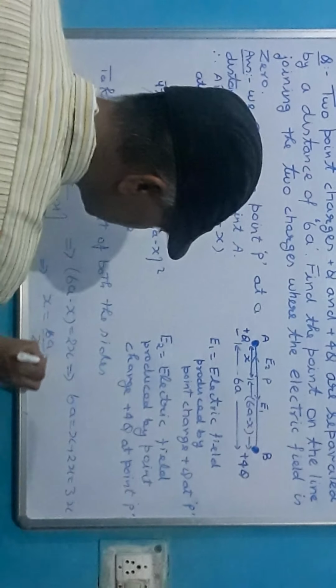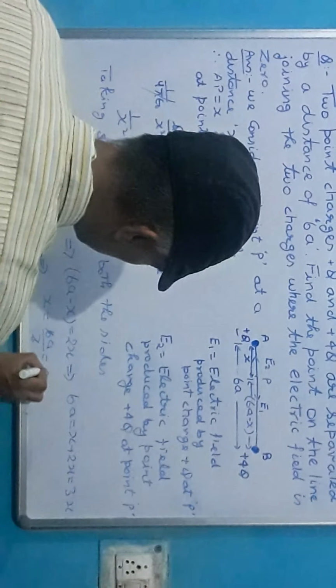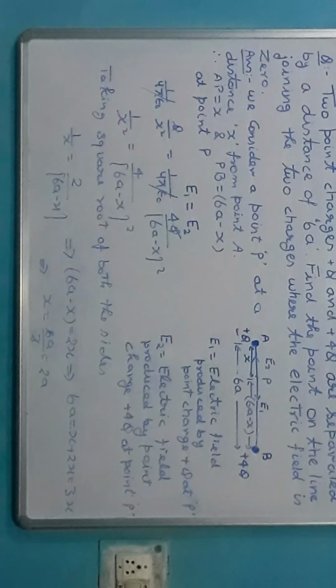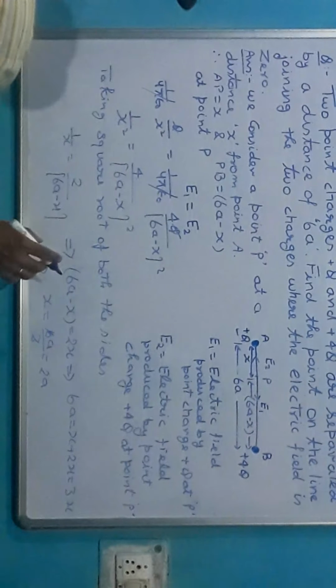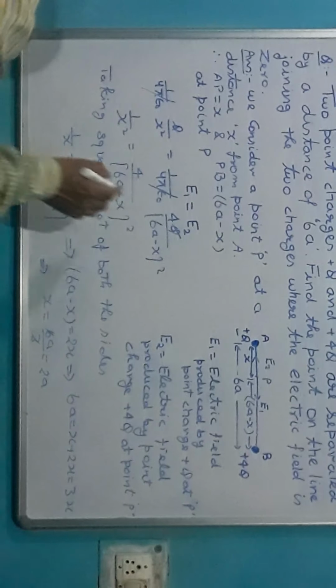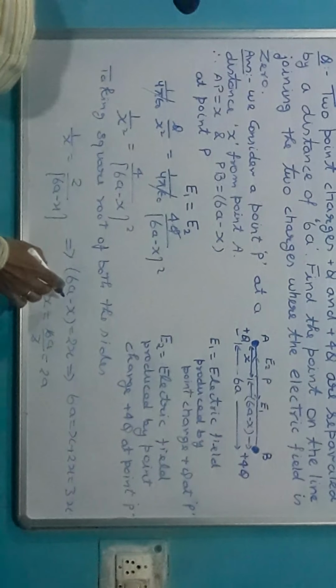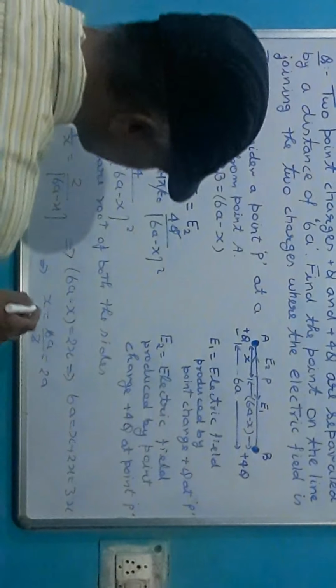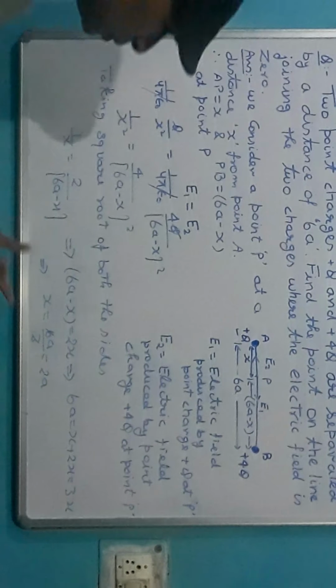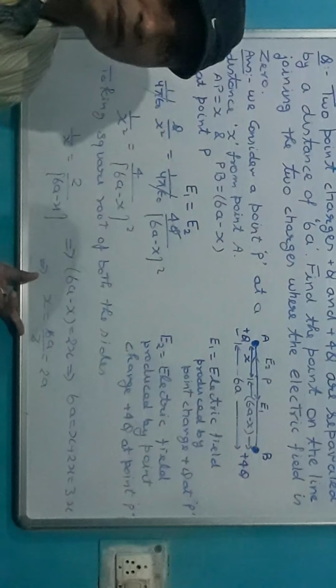So we get the answer x is equal to 2a. What we have observed is that at a distance 2a, the intensity of electric field will be 0.